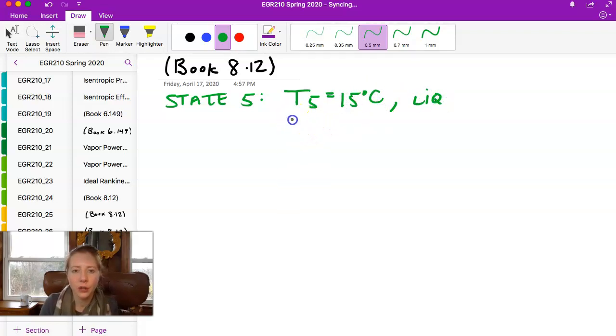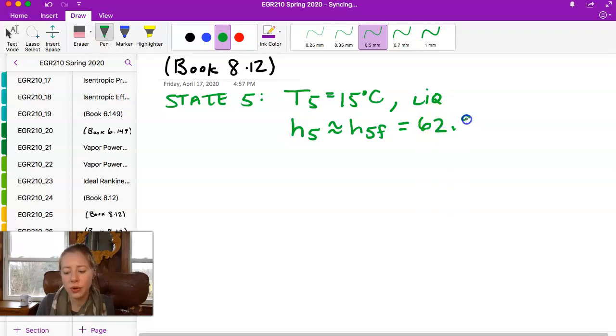So the approximation there is that H5 is approximately H5F. So we could look at the liquid vapor tables, the saturation tables for X equals 0. And we just look up 15 degrees C, and we get 62.99 kilojoules per kilogram.